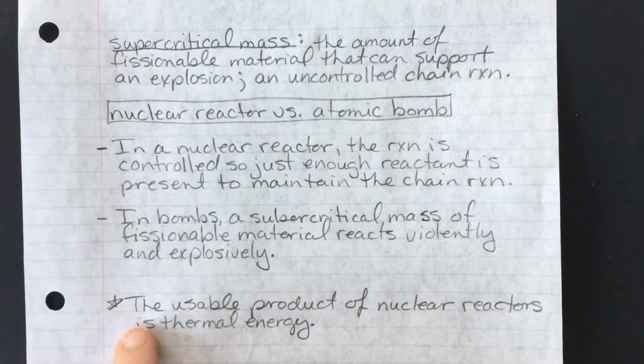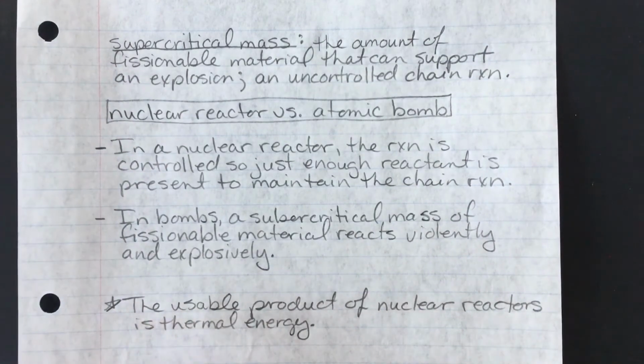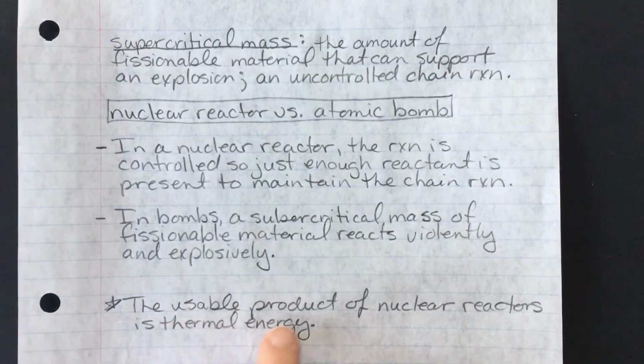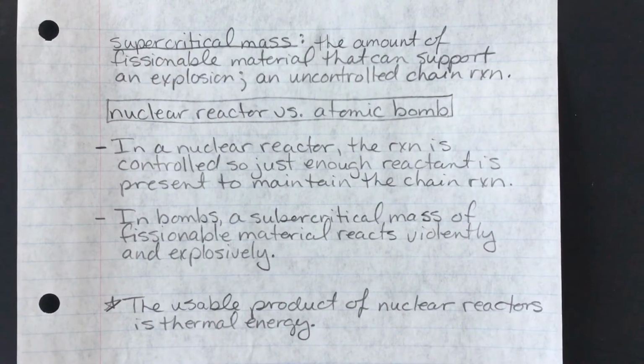in nuclear reactors, the one thing you need to know is that with a nuclear reactor, the usable product of the nuclear reactor is thermal energy. We are after the thermal energy because what we do with that energy is we produce steam from water that turns turbines.